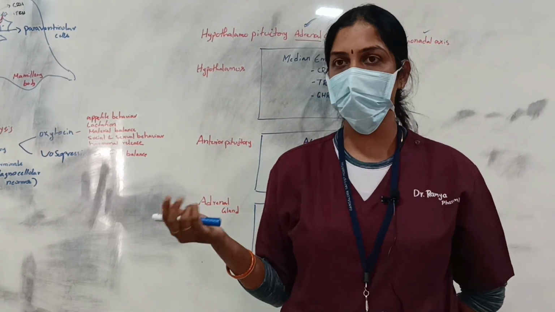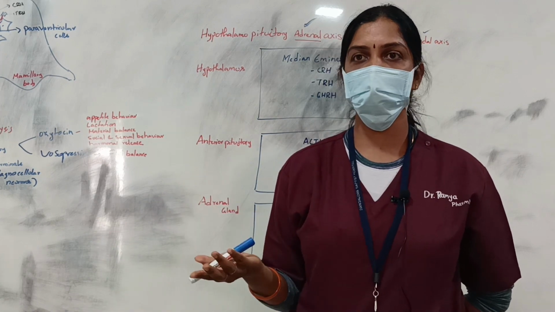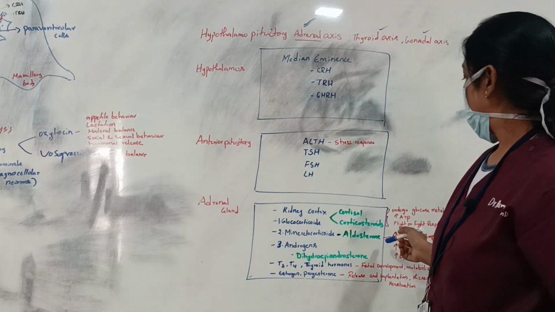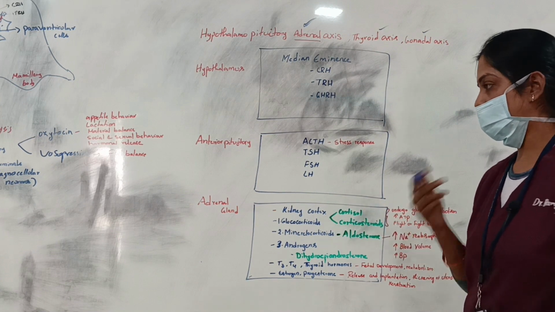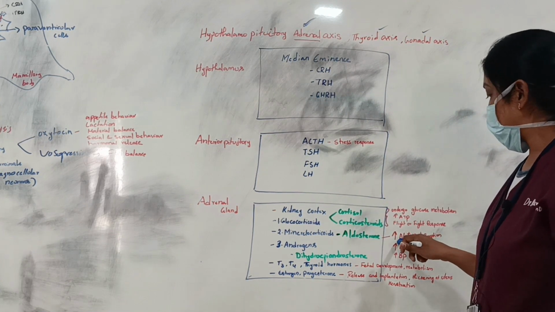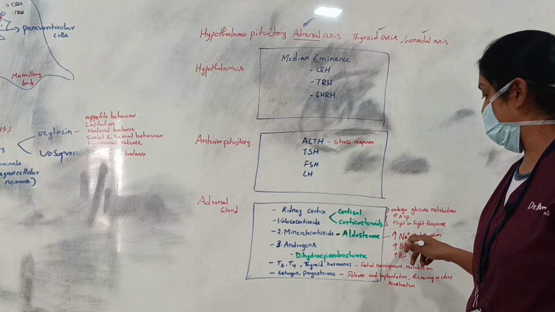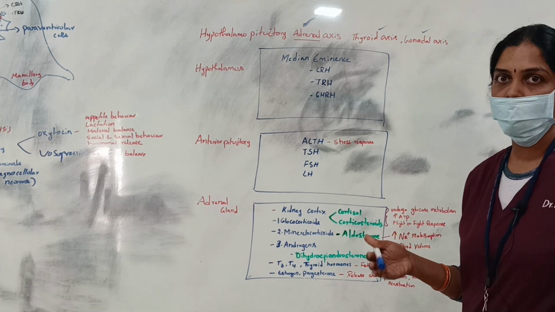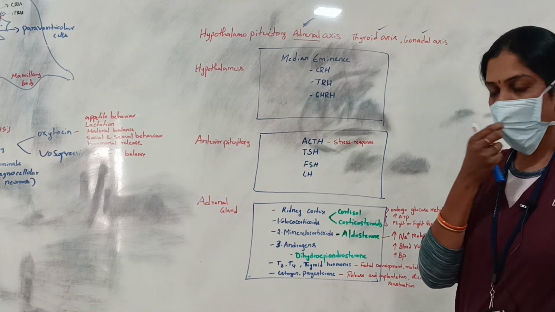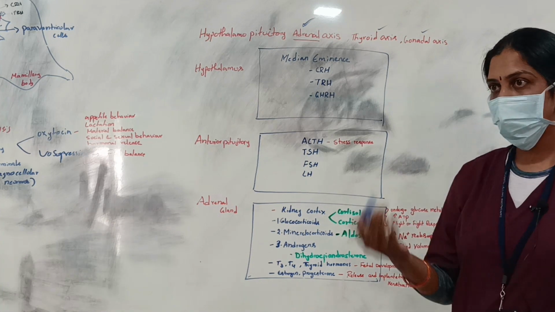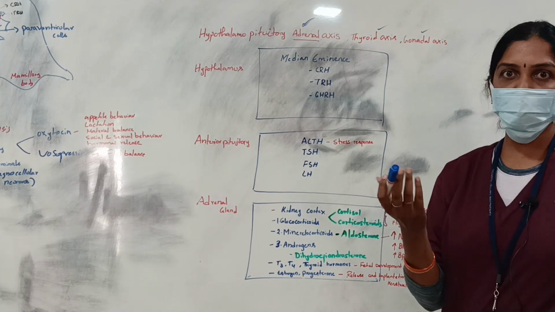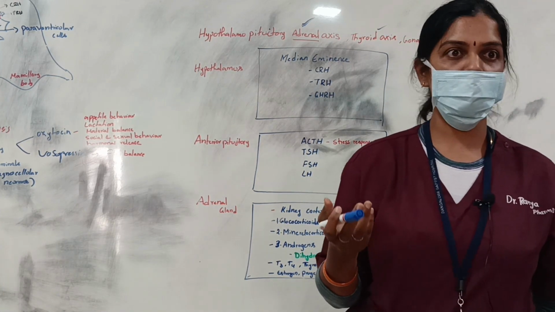When more stress is there, increased sodium reabsorption will happen. Because of that, more fluid is taken up, so blood pressure will increase. Whenever you feel stress, the blood pressure will increase.